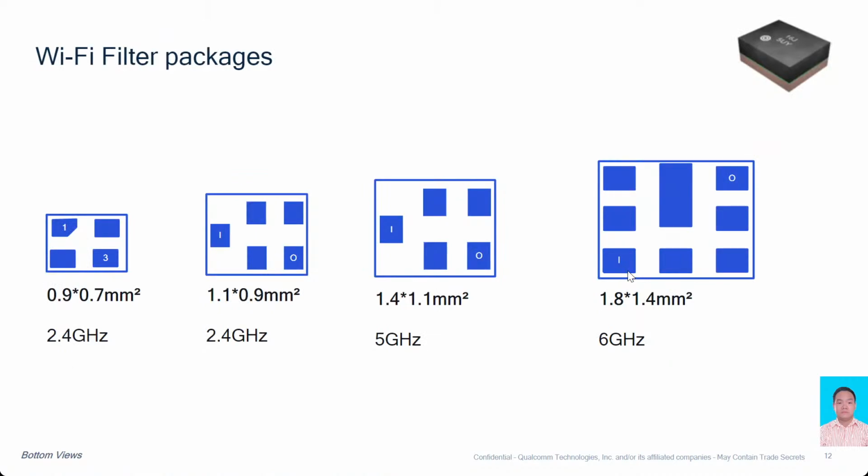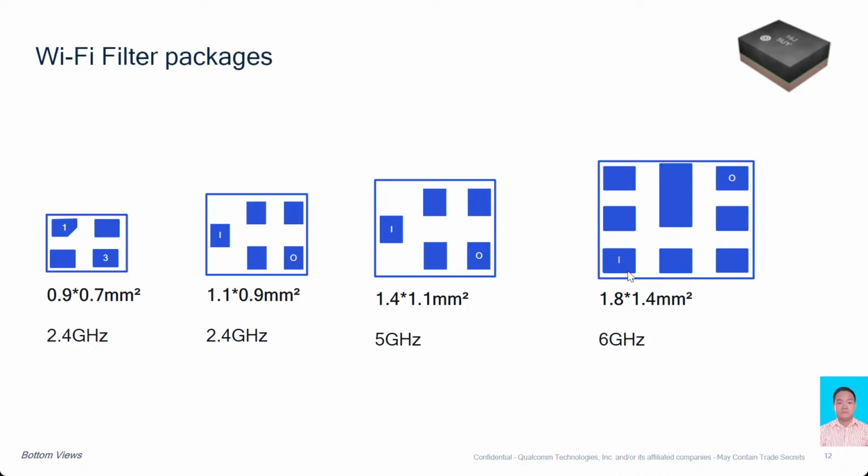And here's the boring slide, but we have to show. We're obligated to show these. No, not really, but basically what I want to show here is our Wi-Fi filter packages. You can see from 0907 up to 1814. These are the smallest packages in the industry for not only 2.4 gigahertz, in particular for 0907 as an example, but for this 5 and 6 gigahertz filters.